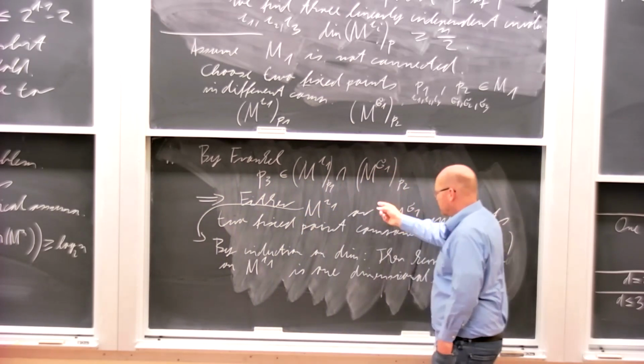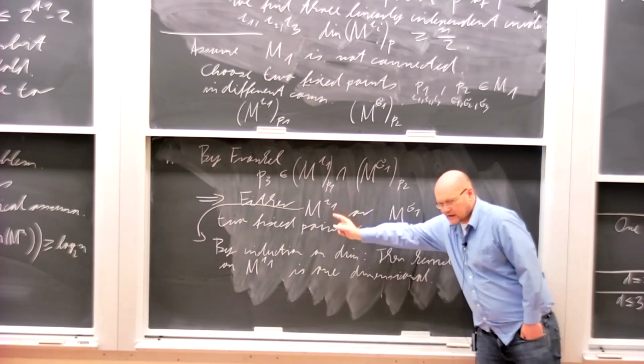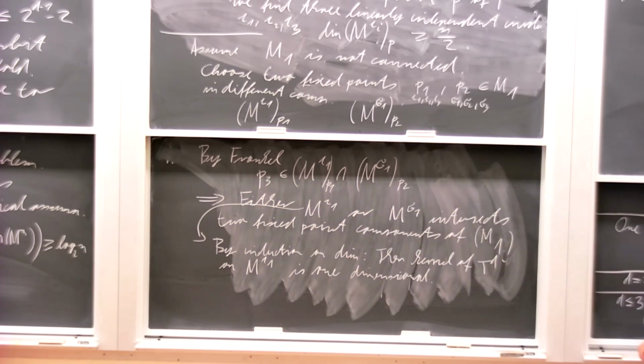I mean, you can use a choice such that it cannot be bigger dimensional by choosing these manifolds as large as possible.